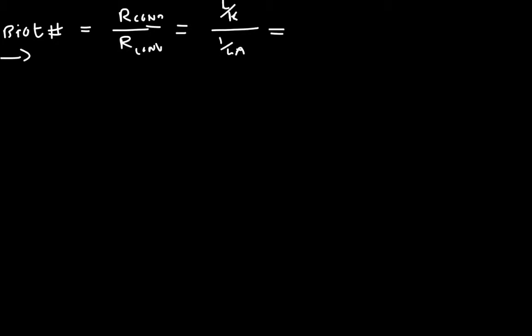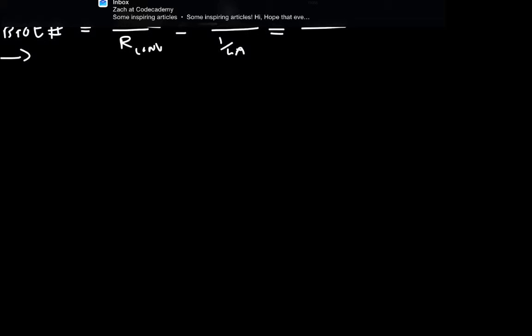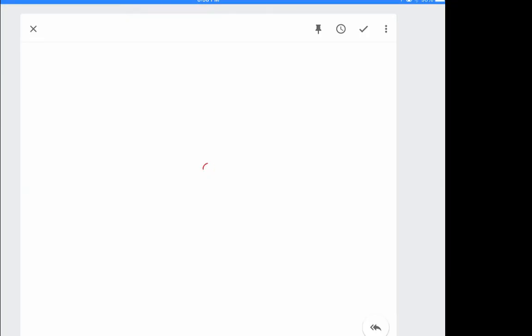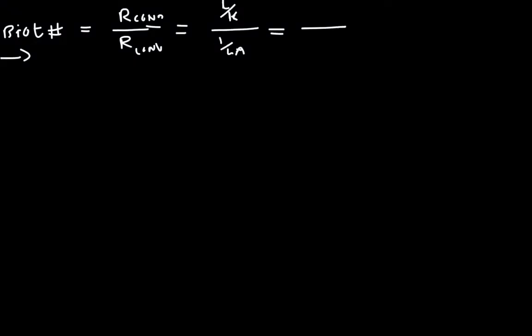It simplifies to hV over kA, or hL over k.